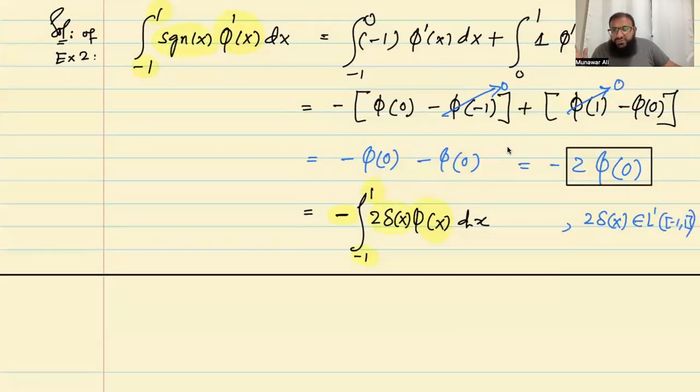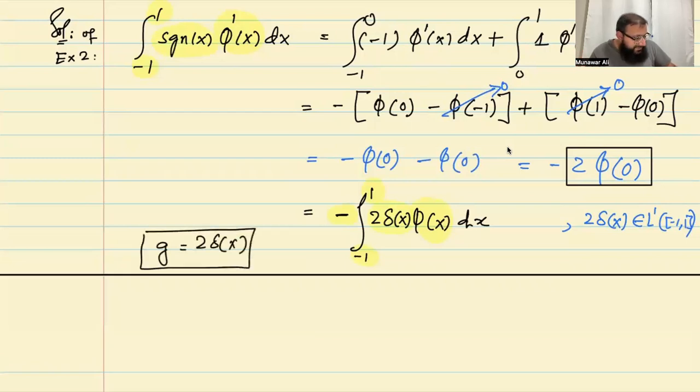So the story is closed. Hence, there does not exist a weak derivative of the sine function, because this is not in L1. I'm saying the derivative is 2 times delta x, which is a wrong statement in this sense.